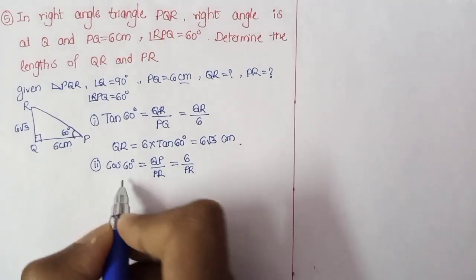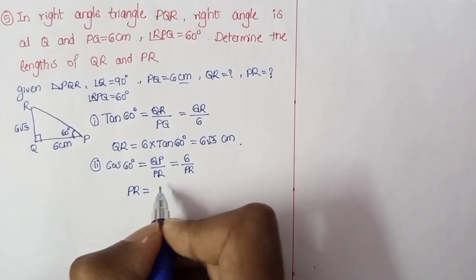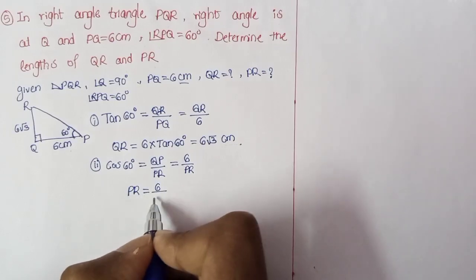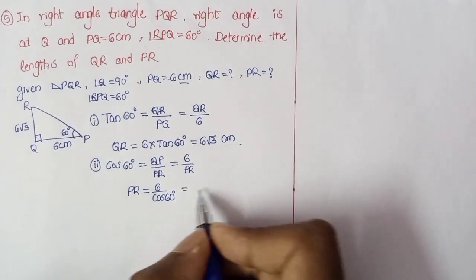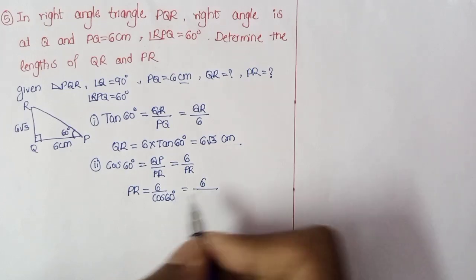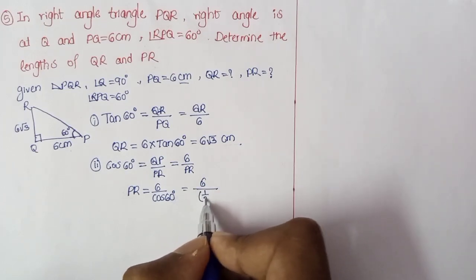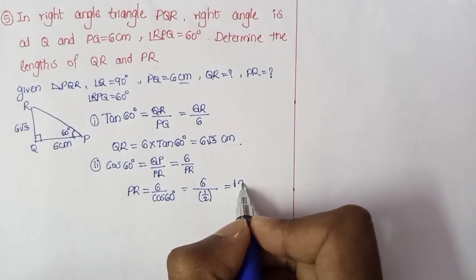So if you bring this to this and this to this, PR is equal to 6 divided by cos 60. What is cos 60? It is 1 by 2, same as sin 30. So 6 divided by 1 by 2 is equal to 6 into 2, that is 12.